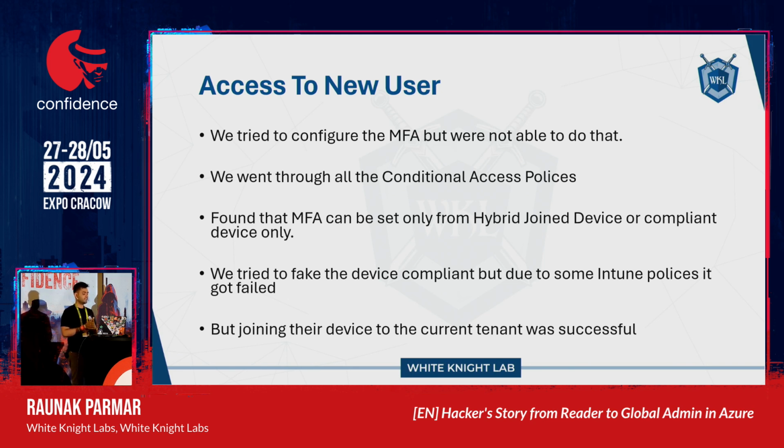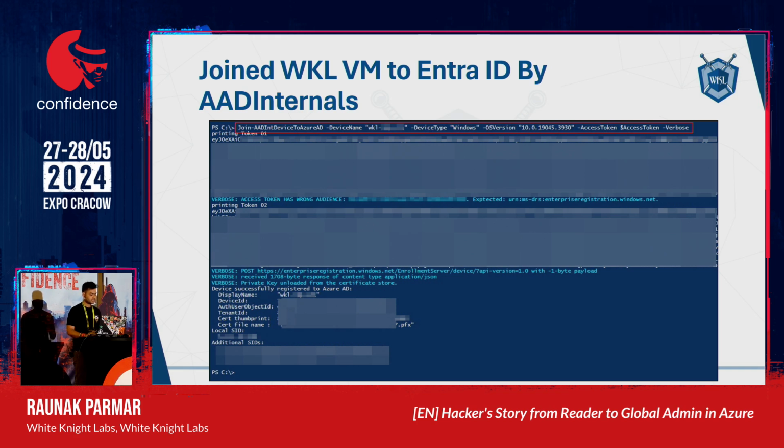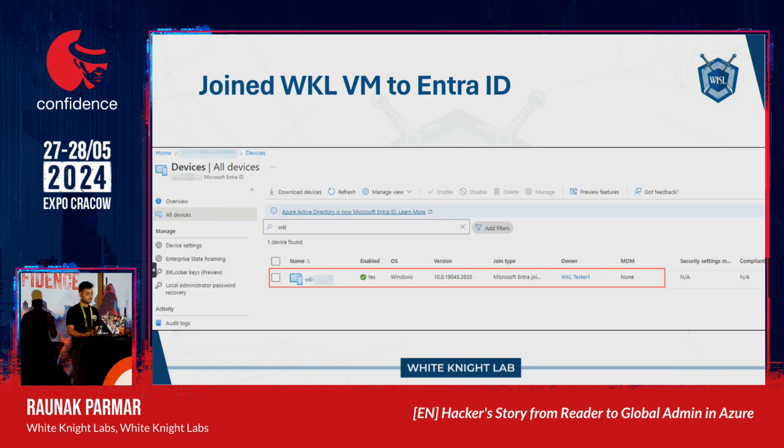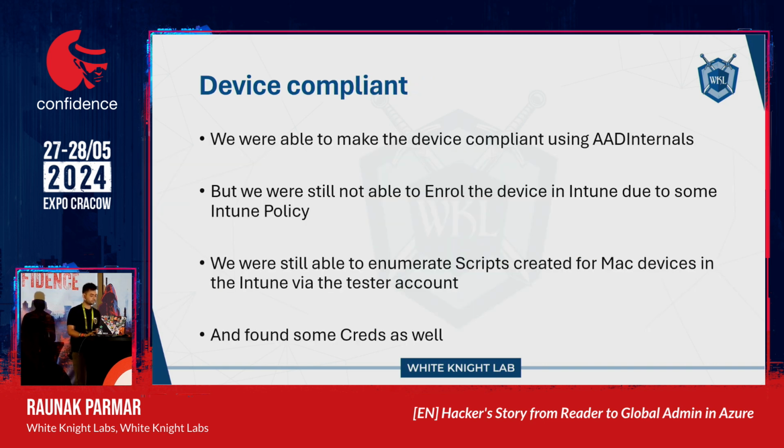So we tried to fake a compliant device, but there was another policy, the Intune policy, and because that was failing, we were not able to configure the MFA of that specific user. This is the way we used AD internals to make our own VM compliant, and it got added in the client's devices. But since the Intune policy was interfering, we were not able to configure the MFA.